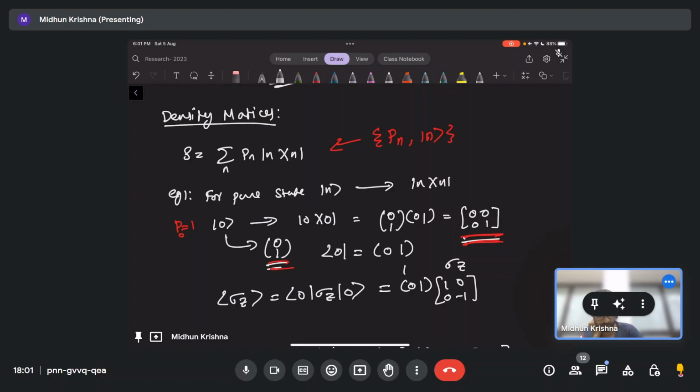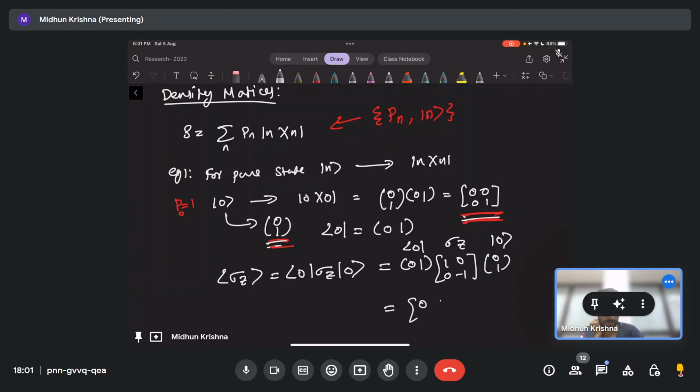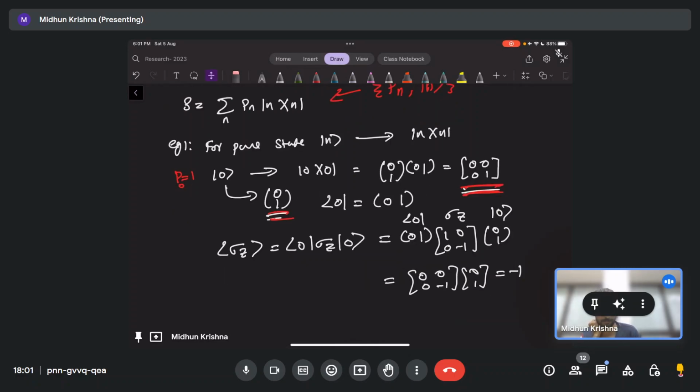This is this part, and then there is 0, 1, which is this part. And this is, if I do the matrix multiplication, 0, 0, 0, minus 1, acting on 0, 1, and it'll just become minus 1.